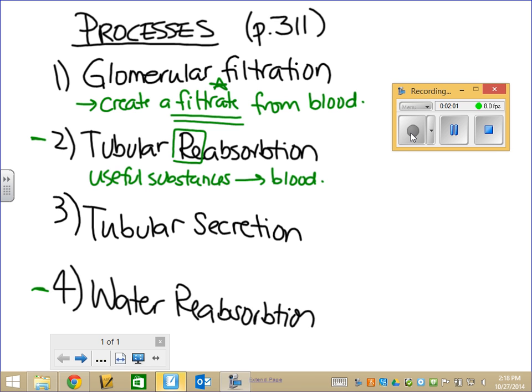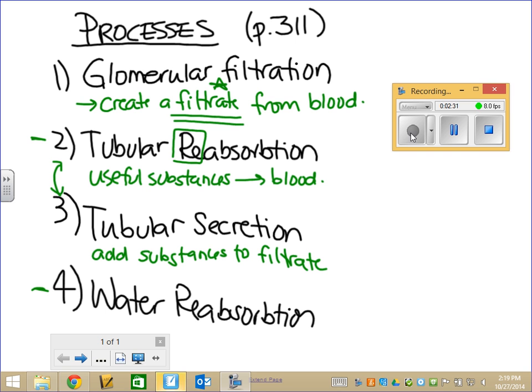That's a useful substance. Tubular secretion and tubular reabsorption are kind of the opposite. Tubular secretion is where substances that your body does not want are added. And so this is where we add substances to the filtrate, and we'll talk about which substances they are and where this happens.